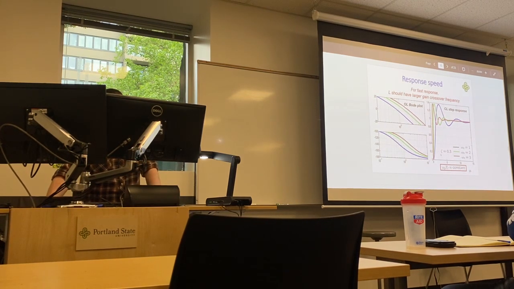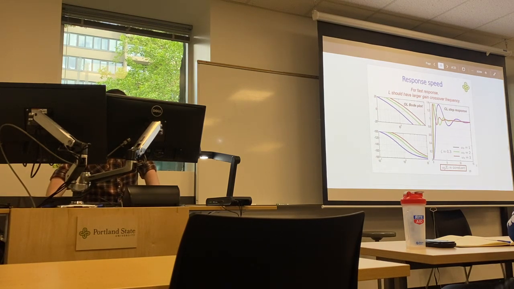So here we set our damping ratio to just 0.3. And then we have 3 different natural frequencies that we're going to use here. Our lowest frequency, omega n equals 1, has a slower response, taking almost 15 seconds to start to settle out.